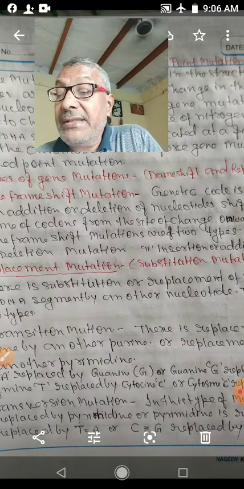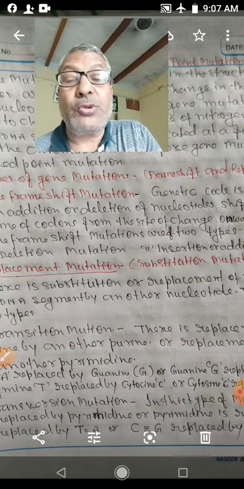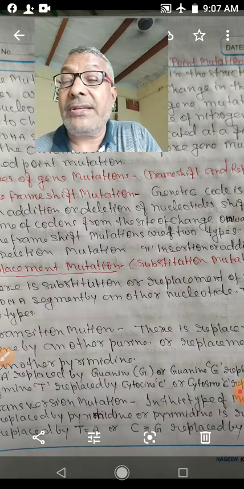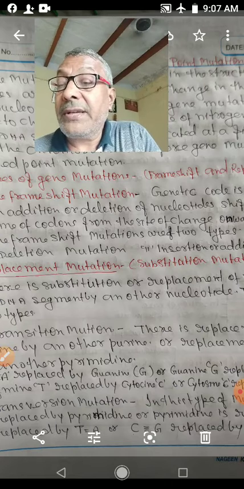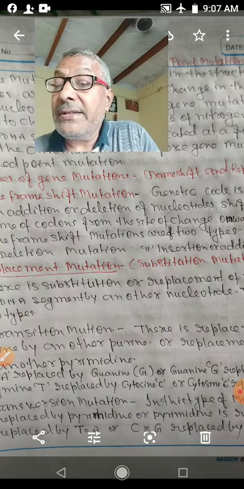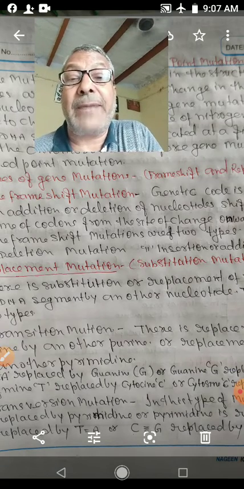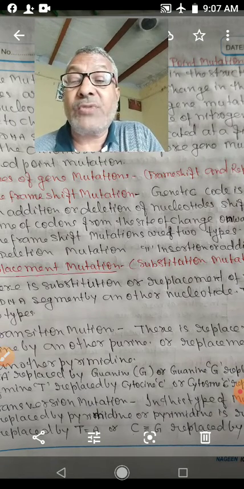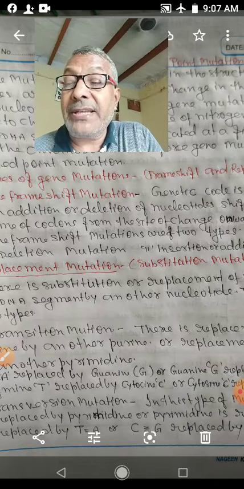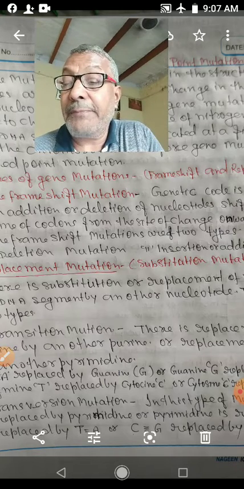So this is the transversion. So children, you have to keep in mind, in the transition mutation, a purine is replaced by another purine, a pyrimidine is replaced by another pyrimidine. But in the transversion, a purine is replaced by a pyrimidine, or a pyrimidine is replaced by a purine.